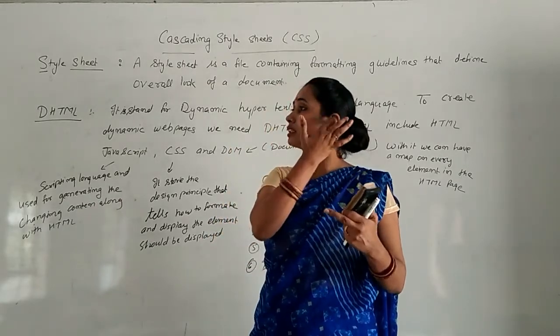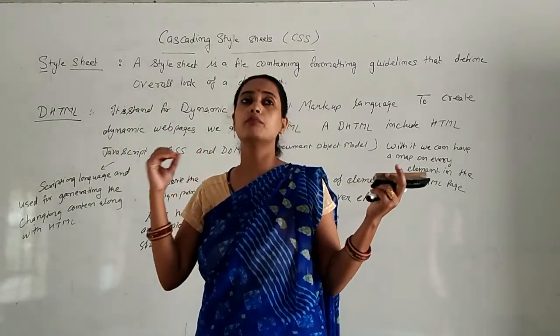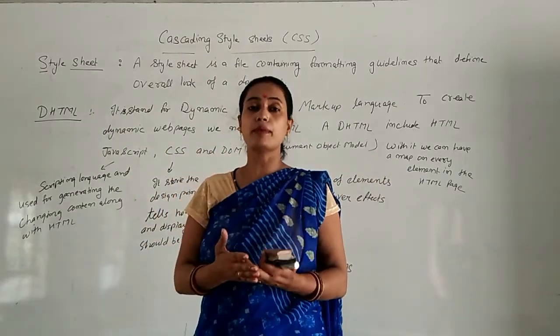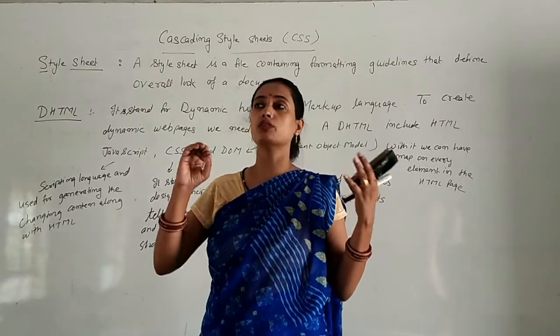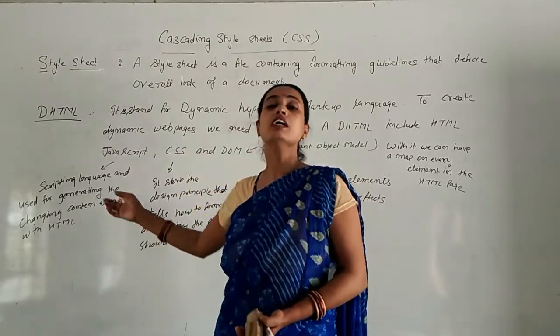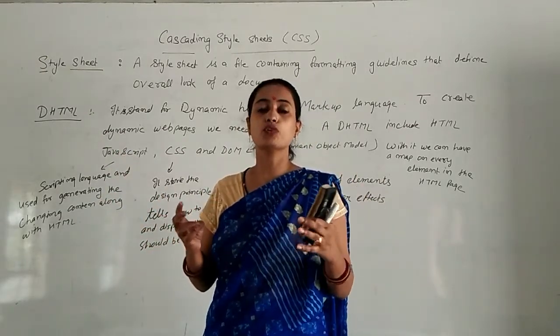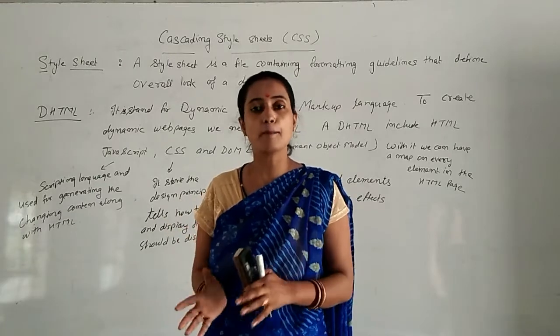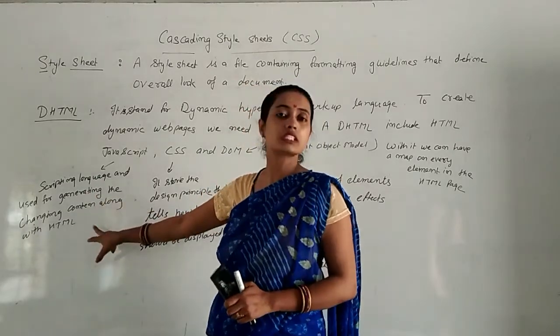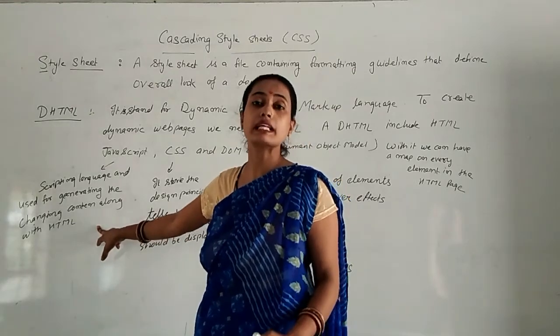Sometimes you feel the pictures are moving, sometimes you feel a bird is flying on the web page when you click somewhere, when you access something. These effects are created in JavaScript. If you want to create some function on the web page, you will use JavaScript. It is a scripting language, a short form of a programming language.